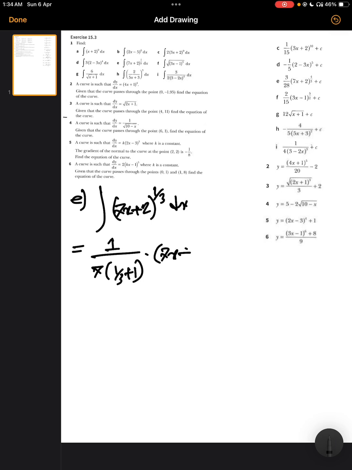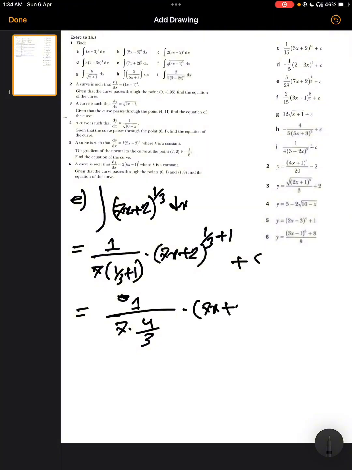Here (7x plus 2) to the power 1 over 3 plus 1, plus c. So this is 1 over 7 times, 1 over 3 plus 1 is 4 by 3, times (7x plus 2) to the power 4 by 3 plus c. This is the result, guys.